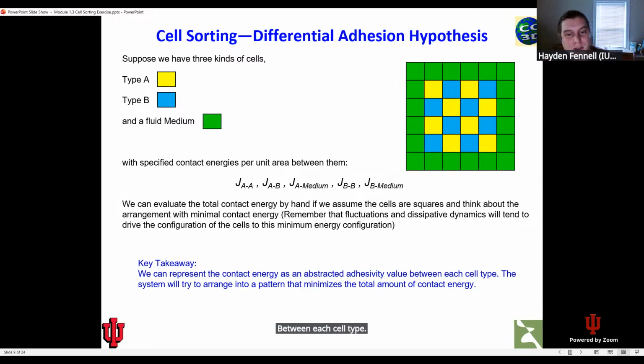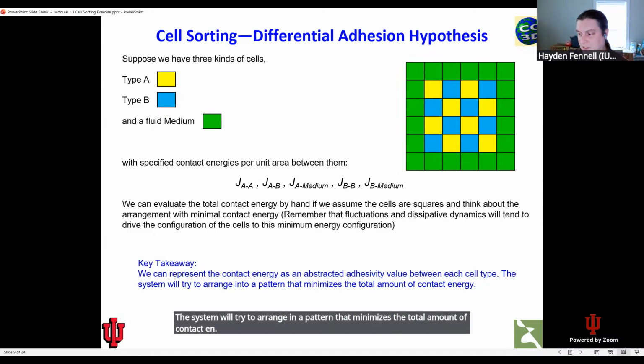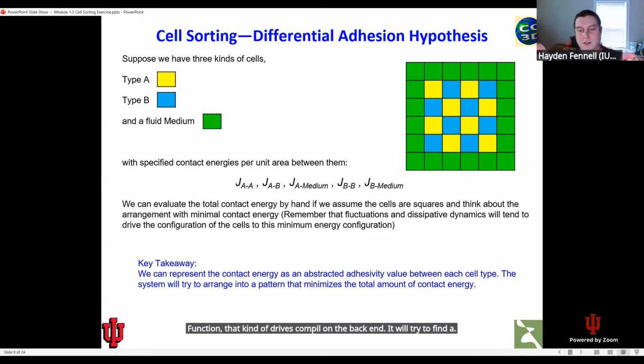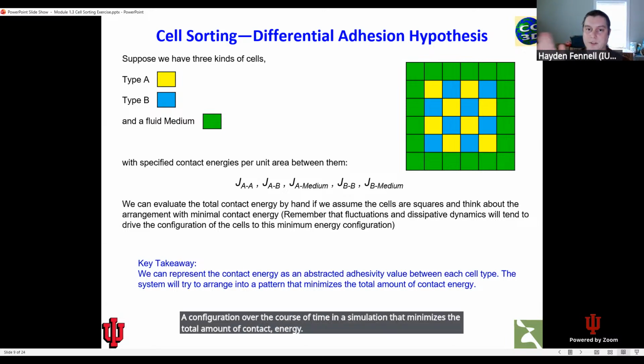The system will try to arrange in a pattern that minimizes the total amount of contact energy. We talked already about the energy minimization function that drives CompuCell on the back end. It will try to find a configuration over the course of time in a simulation that minimizes the total amount of contact energy based on the values that we've assigned to each of those interfaces.